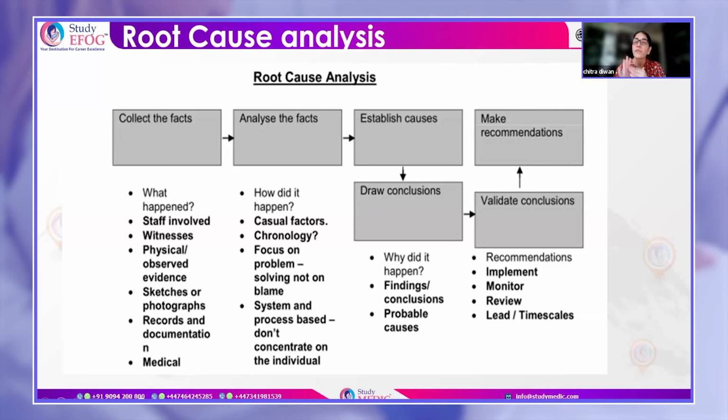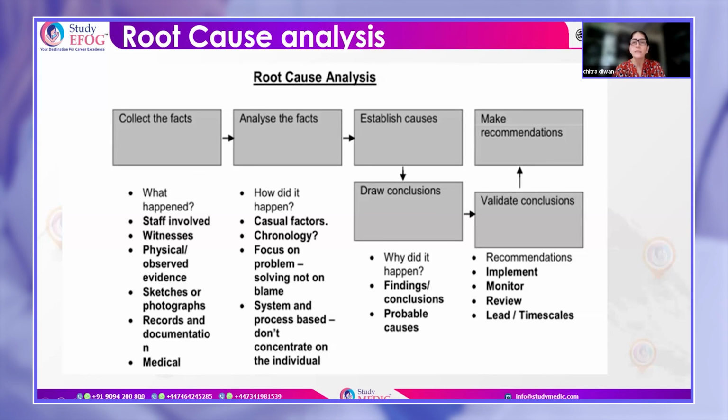Now remember, every time here, please do not focus on blaming an individual. A root cause analysis or an incident report is something that we are doing to solve a problem. We are not here to blame an individual. Then once you have analyzed the facts, you have to establish the cause, draw conclusions as to why it happened, what the probable causes are.